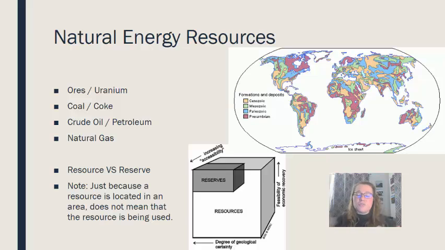In fact, their distribution has to do with the geologic history of that location. Also, keep in mind that where some of these resources are found really helps to dictate the direction that nation went when pursuing their energy needs. We'll talk more about that in subsequent videos.